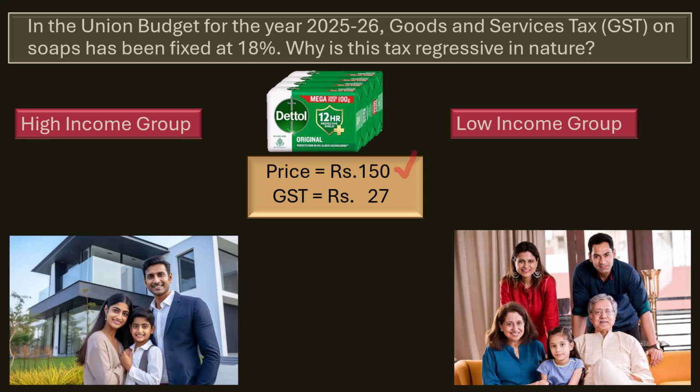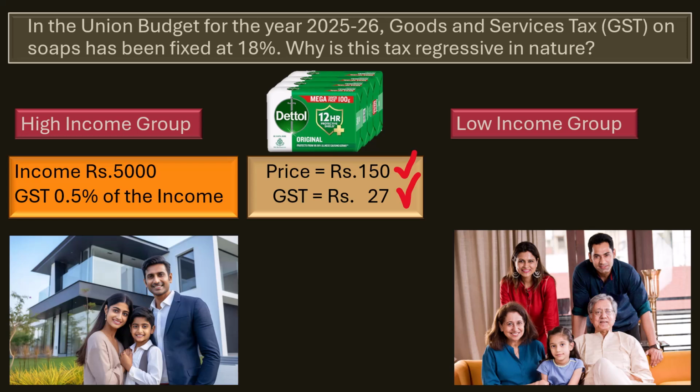Price of Dettol soap pack is 150 rupees. 18% GST is 27 rupees. A higher income group household buys it. Its income is 5000 rupees. In this case, the burden of GST is only 0.5% of its income.